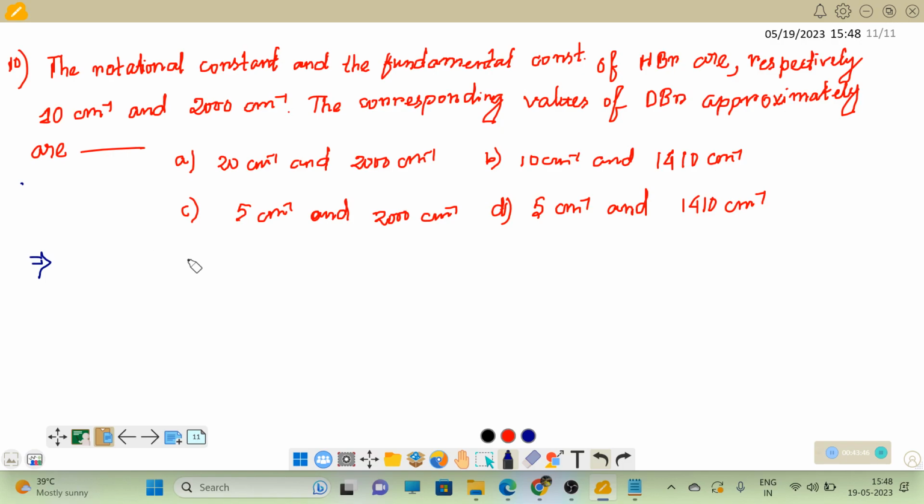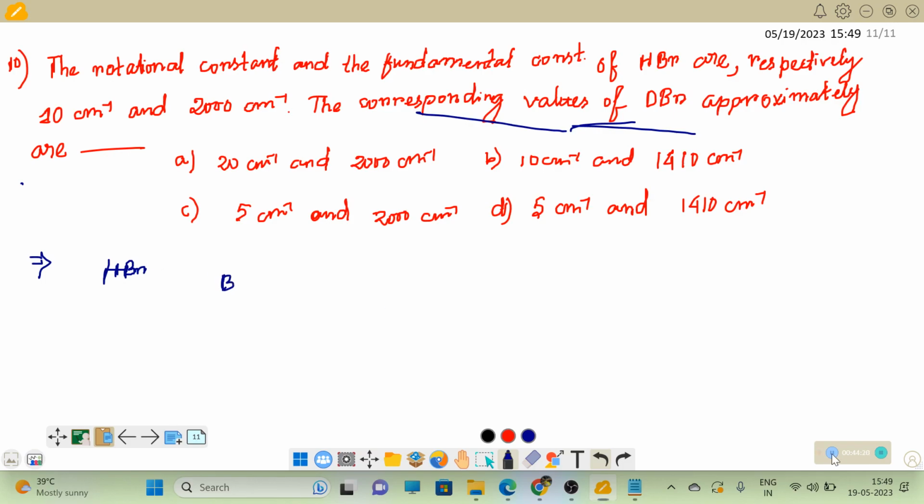The rotational constant and the fundamental vibrational frequency of HBr are respectively 10 centimeter inverse and 2000 centimeter inverse. So the corresponding values for DBr approximately, we already did one problem like this initially, with the cobalt hydrogen bond and cobalt deuterium bond. It depends on the frequency and the rotational constant.